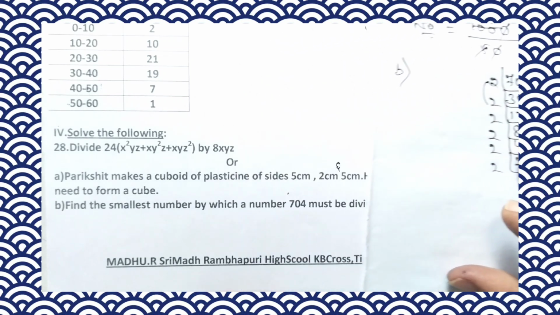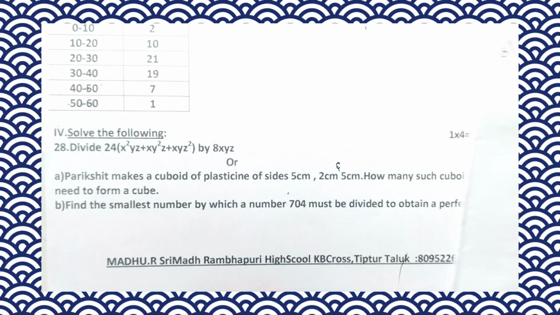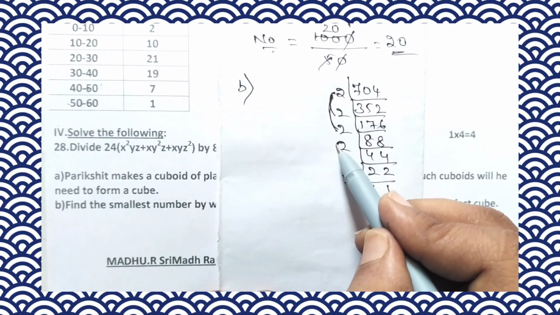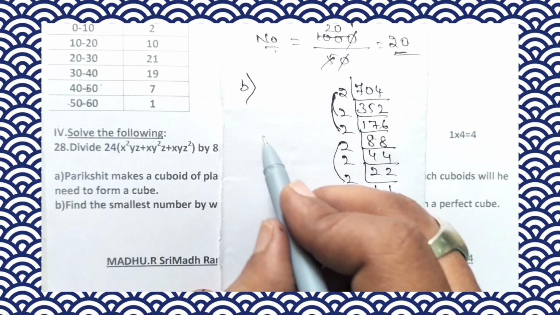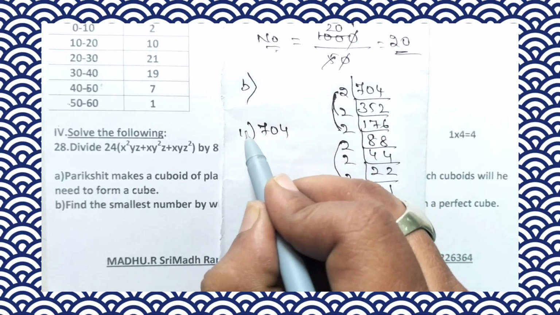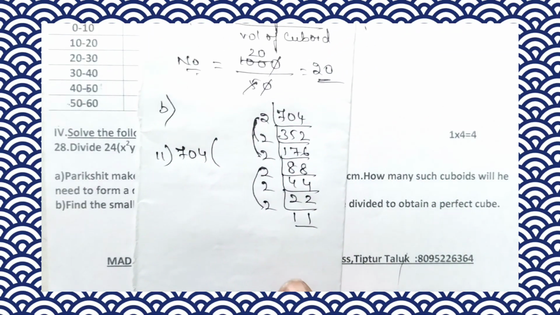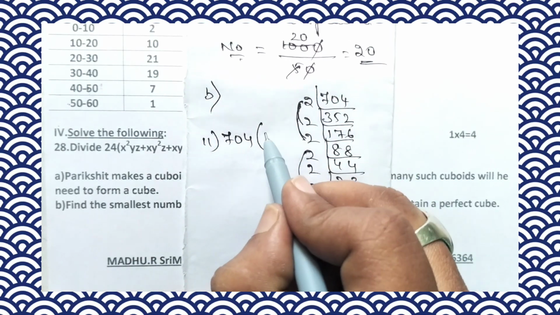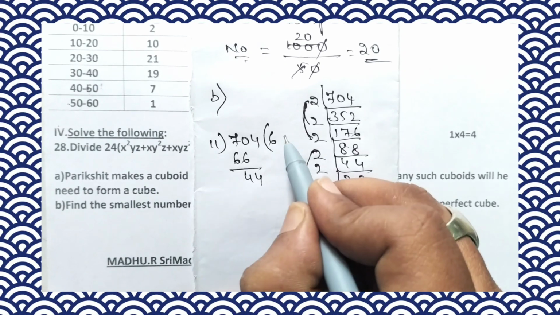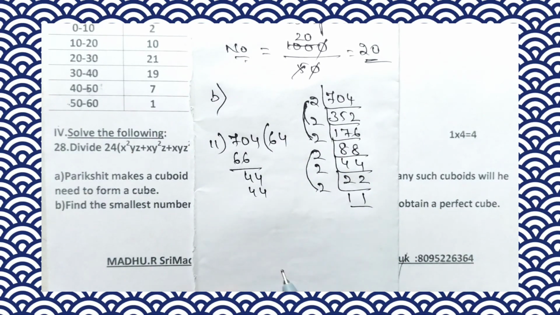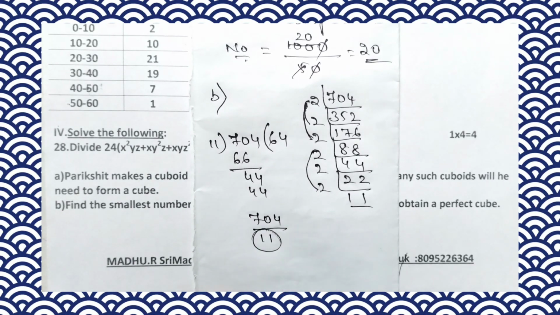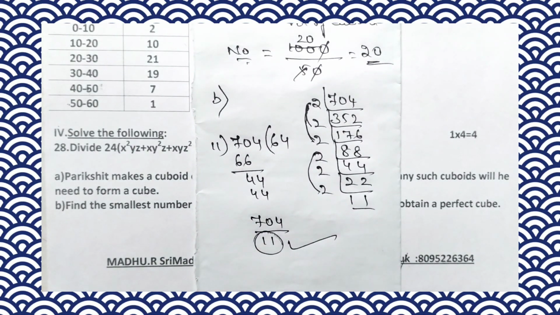What is the smallest number by which 704 must be divided to obtain a perfect cube? These 3 twos group into one, these 3 twos group into one. So what is remaining? 11 is remaining. Therefore 704 should be divided by 11. 11 sixes are 66, 11 fours are 44. So 704 should be divided by the smallest number, which is 11.